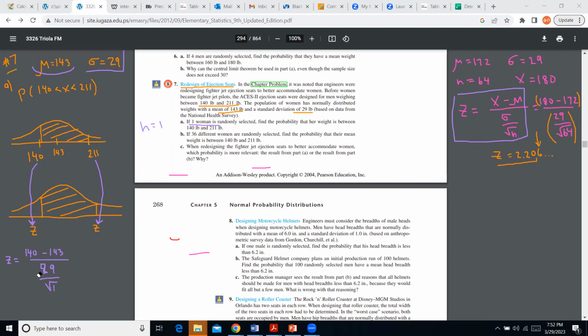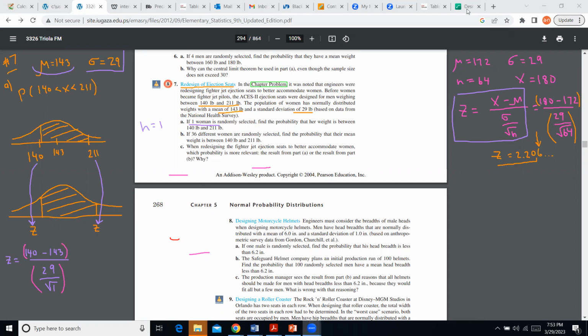So I just put that 29, let me write it better, divided by the square root of 1, which actually is just 29, right? But you could utilize that formula if you like, and make sure that you have parentheses around your numerator as well as denominator.